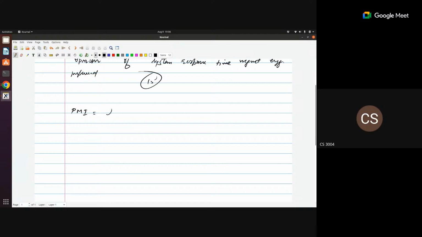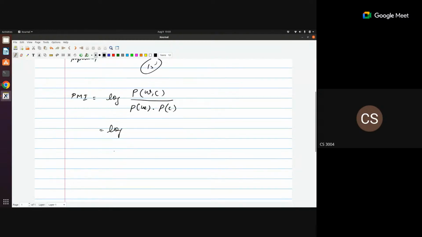It has this formula, log of, in the numerator, we have probability of W, C. And in the denominator, we have probability of W multiplied by probability of C. And this probability can be written as a fraction, right?